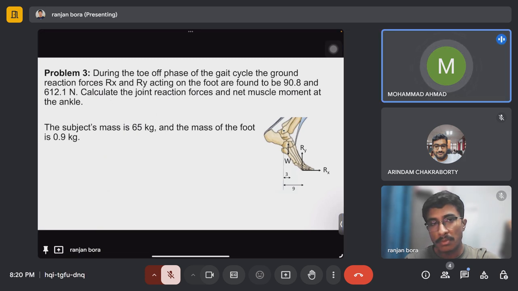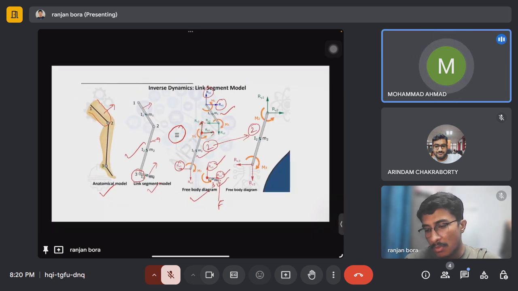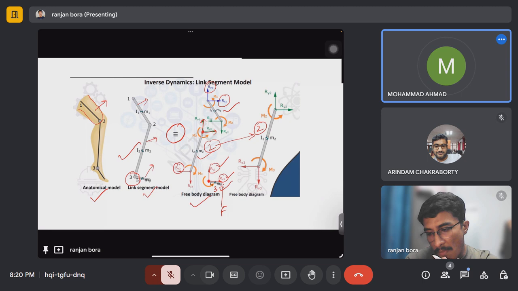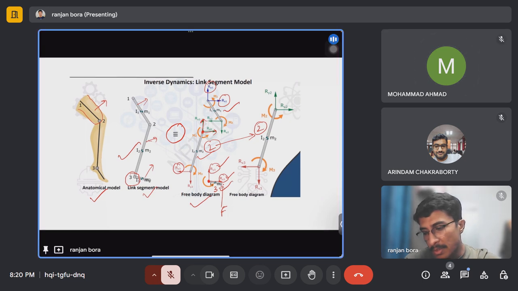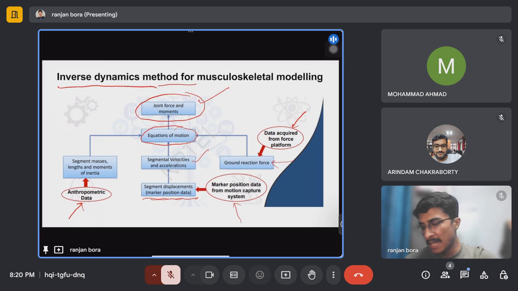Now, why is it called the inverse dynamics method? There is another approach known as forward dynamics.